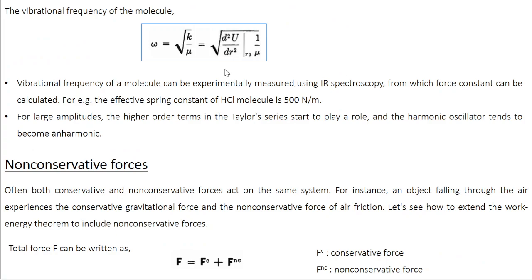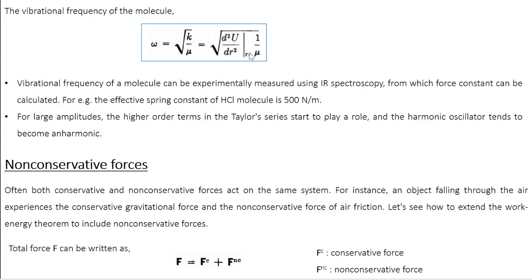So just by approximating the molecular system to a harmonic oscillator, I can directly calculate the frequency of vibration omega equal to square root of k by mu, or in terms of potential I can write this as square root of d square U by dr square at r0, which is your k, multiplied by 1 by mu.